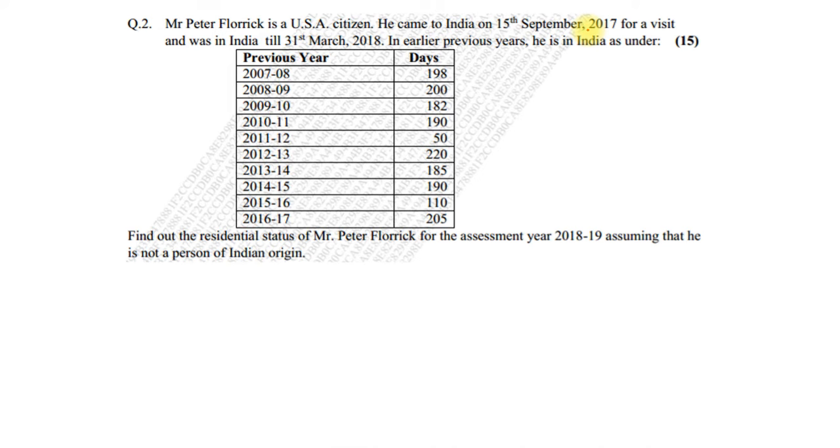So he is going to be there in India in the previous year. For the previous year, the value comes to 198. From 15th September to 31st March, it comes to around 198. So he will be a resident of India.